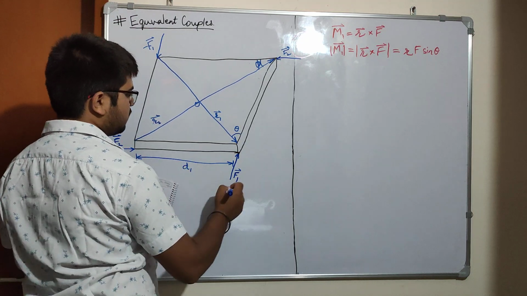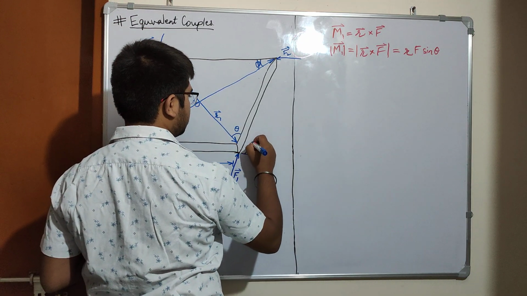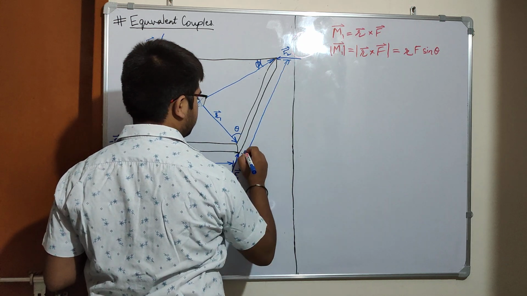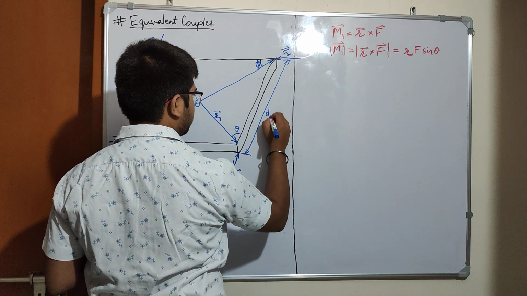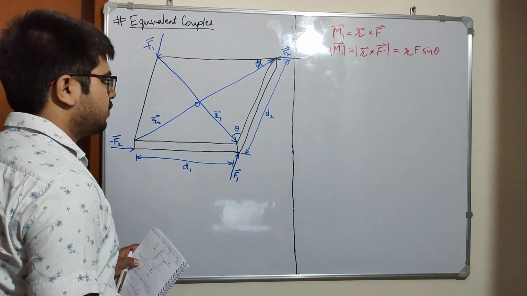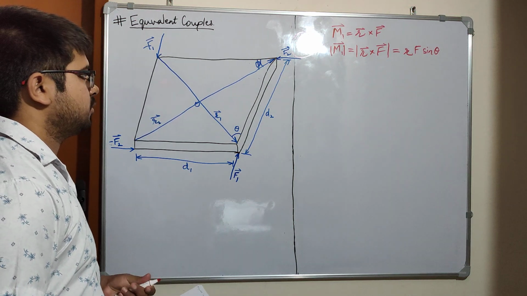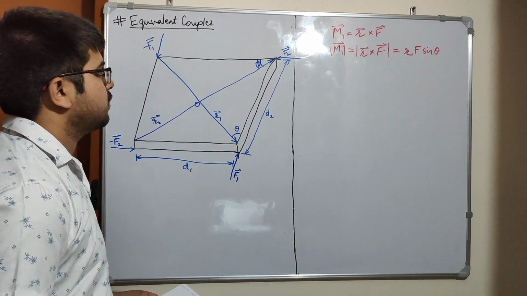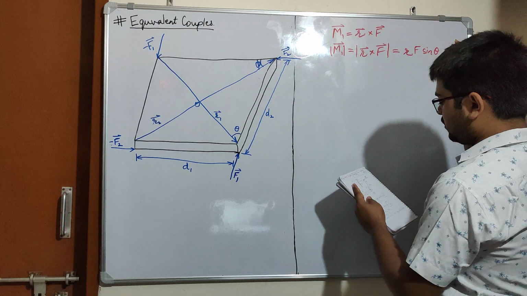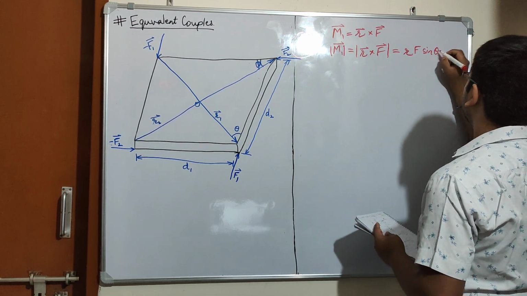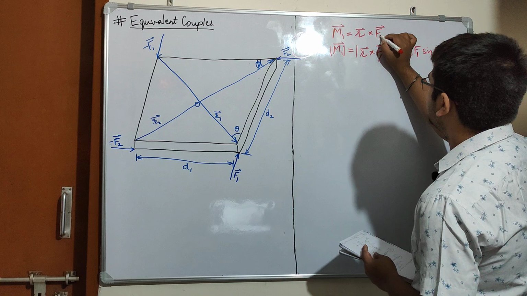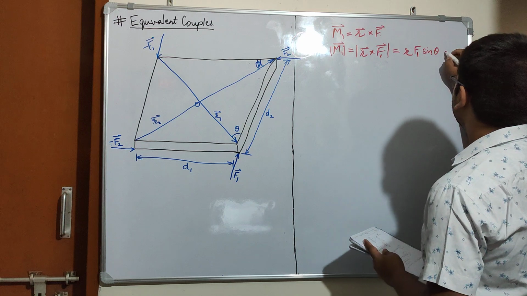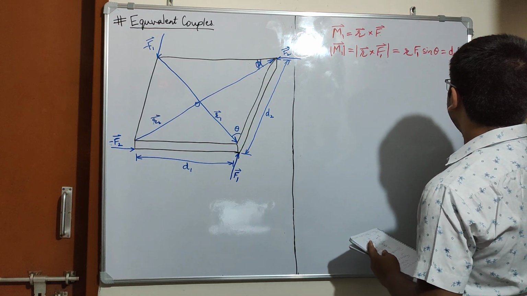D1, and this distance can be marked with D2. So we have r sine theta equals D1, and the magnitude is D1 F1.